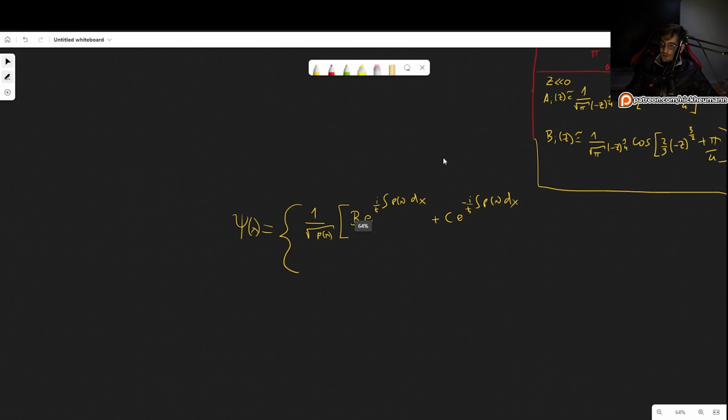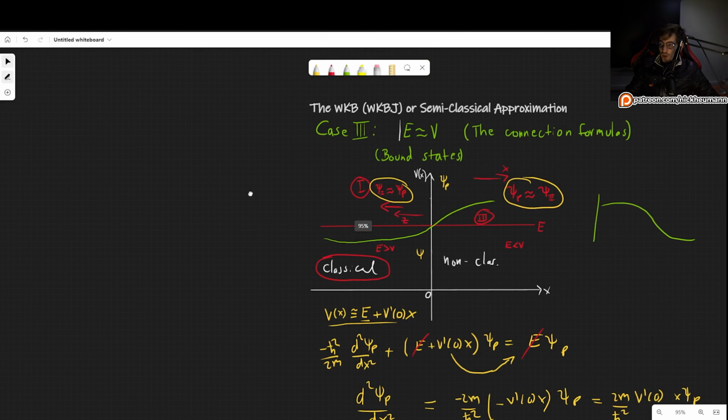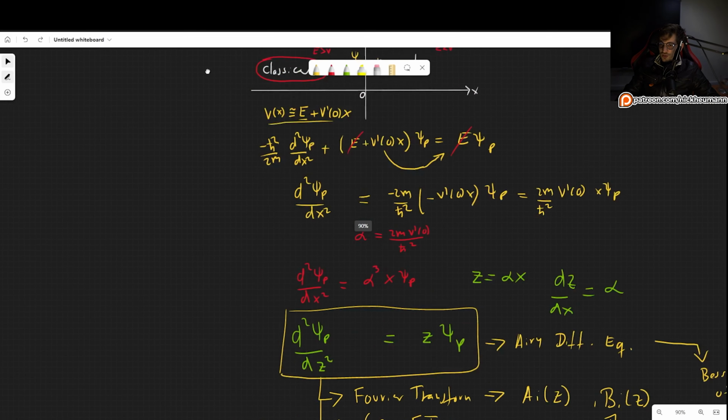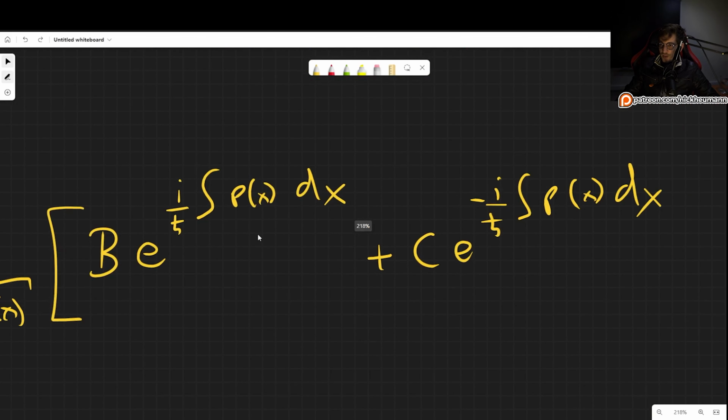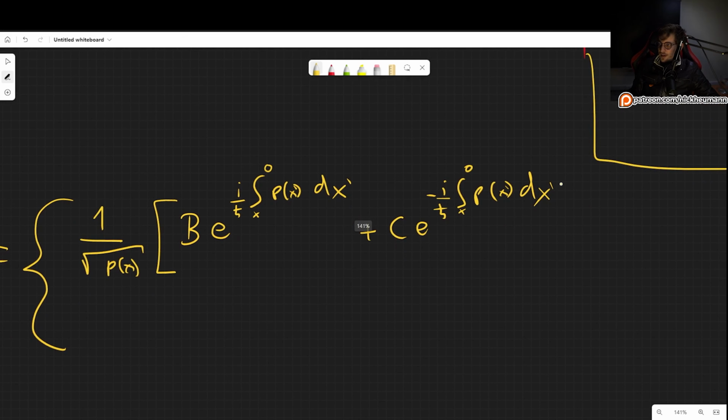But what are the limits of the integral? Keep in mind that we had a lot of freedom to choose them. We are in region 1, so we can integrate from some x all the way to 0. So let's choose that. To avoid confusion, let's write x prime inside, and the integrals will be from x to 0. So this is the first form. This is region 1, just to be very clear.